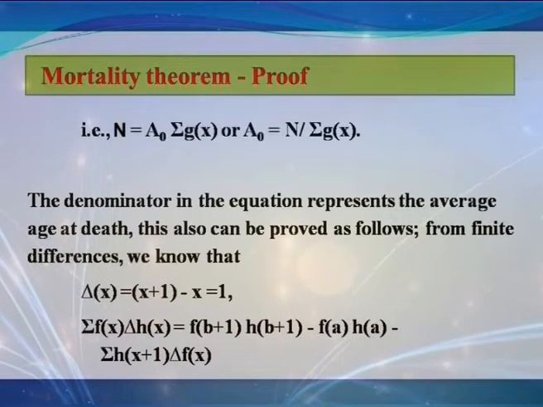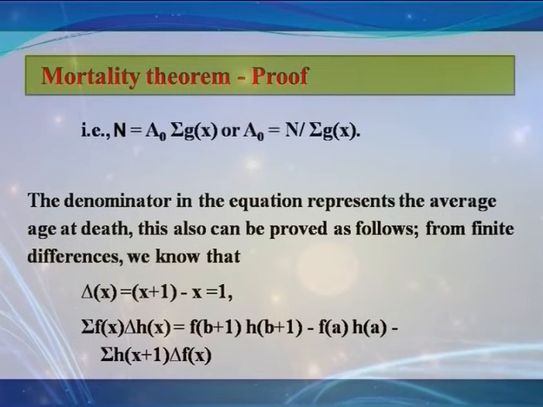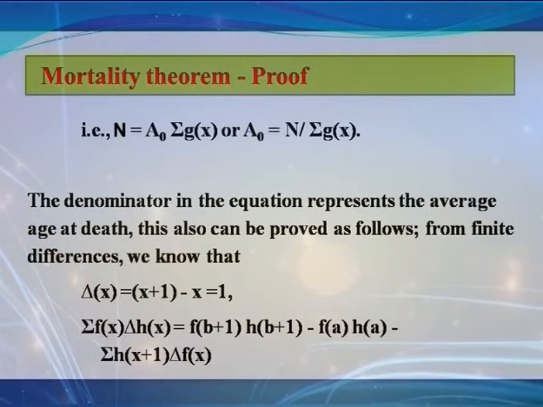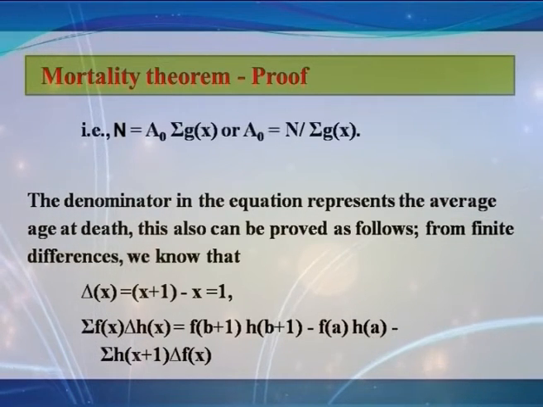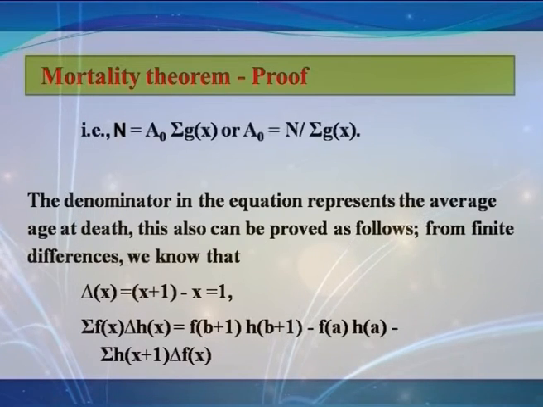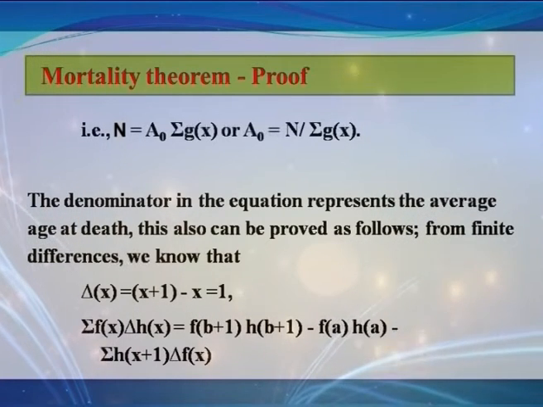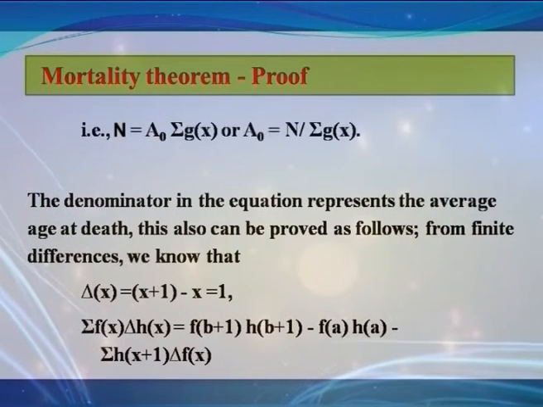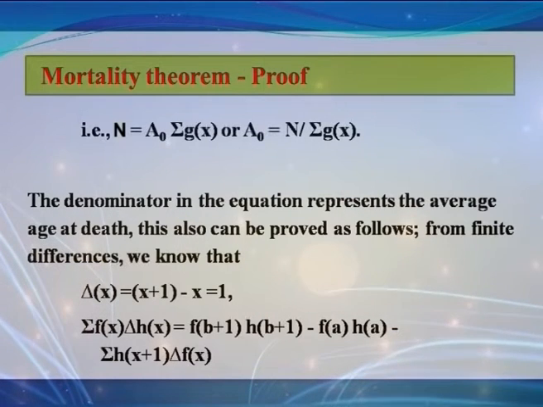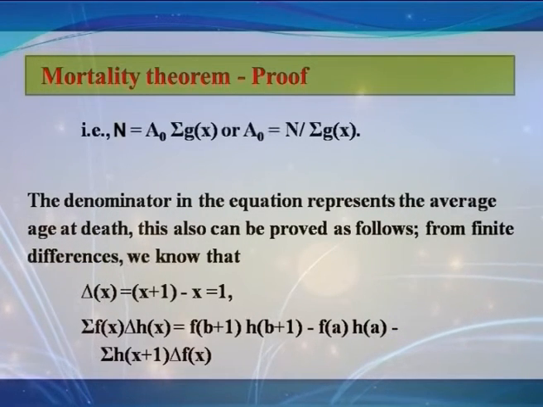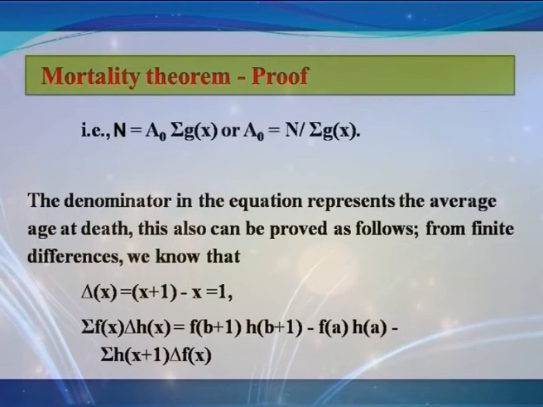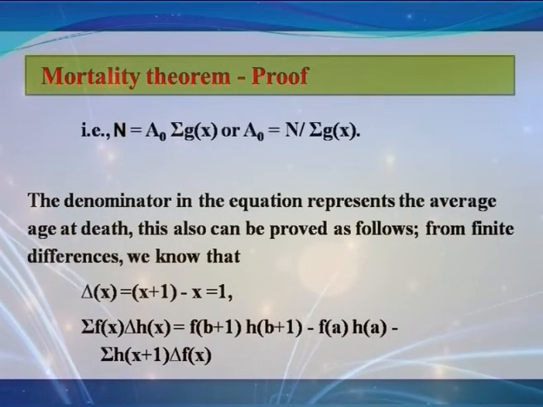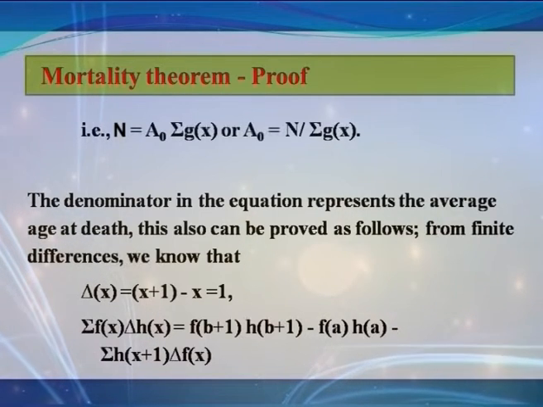From finite differences, we know that delta x is equal to (x plus 1) minus x, which is equal to 1, and summation f(x) delta h(x) is equal to f(b plus 1) h(b plus 1) minus f(a) h(a) minus summation h(x plus 1) delta f(x).